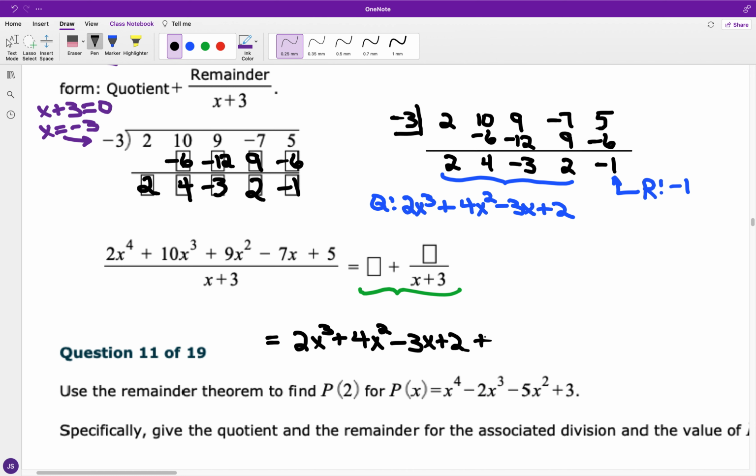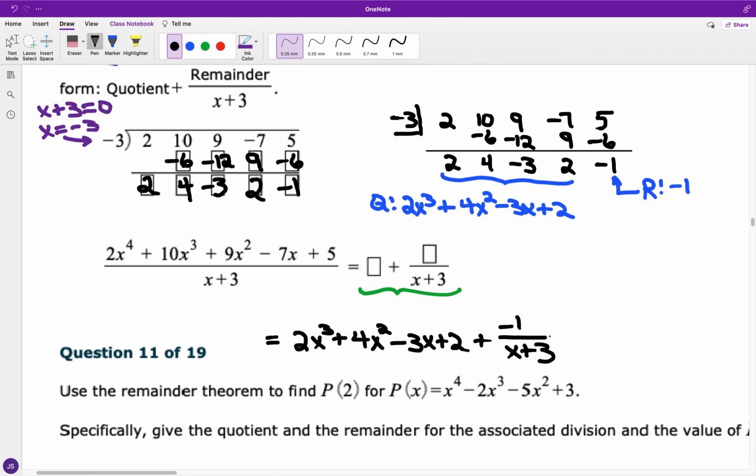Then plus, and inside the box, negative 1 all over x plus 3. And so that'll be the layout for the quotient and the remainder over the divisor.